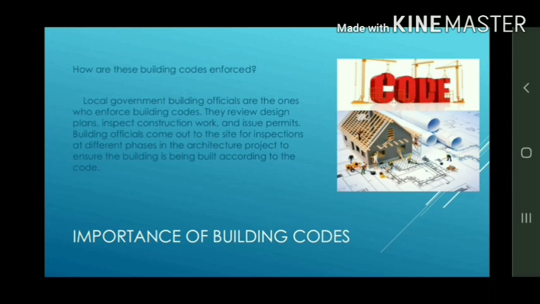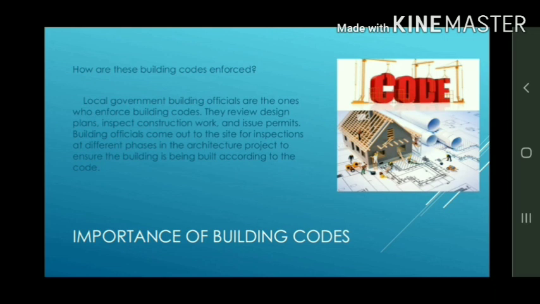So, aayusin niya yun. Ipapatigil muna niya yung construction ng bahay mo and then aayusin niya yung mga hindi nasunod sa building code ng Pilipinas para ma-resume ulit or magpatuloy ulit yung construction.